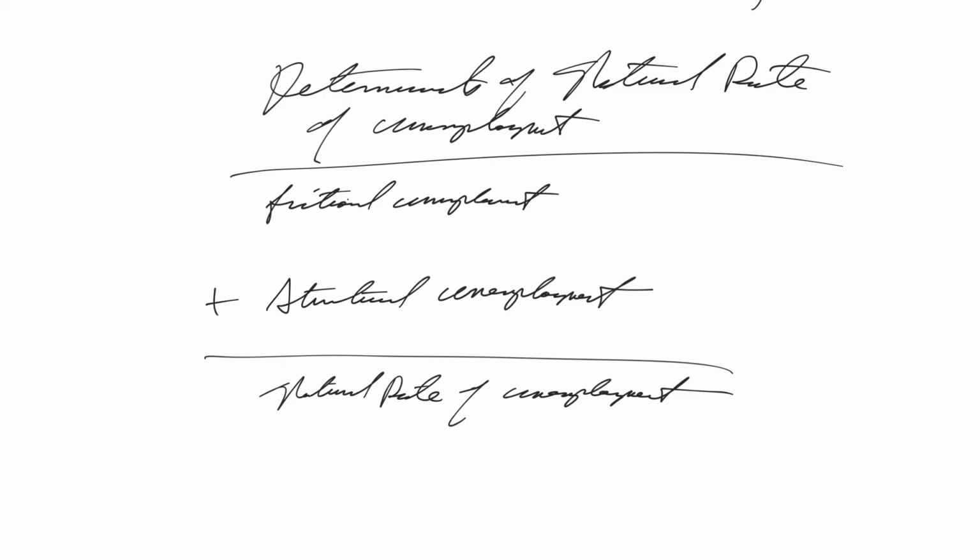No unemployment due to the business cycle. But there will always be, even when the economy is booming along, some frictional and some structural unemployment. That's what we call this natural rate, the sum of frictional and structural. We don't include cyclical here because there is no cyclical unemployment at the natural rate when the economy is going along at its normal, sustainable long-term pace.